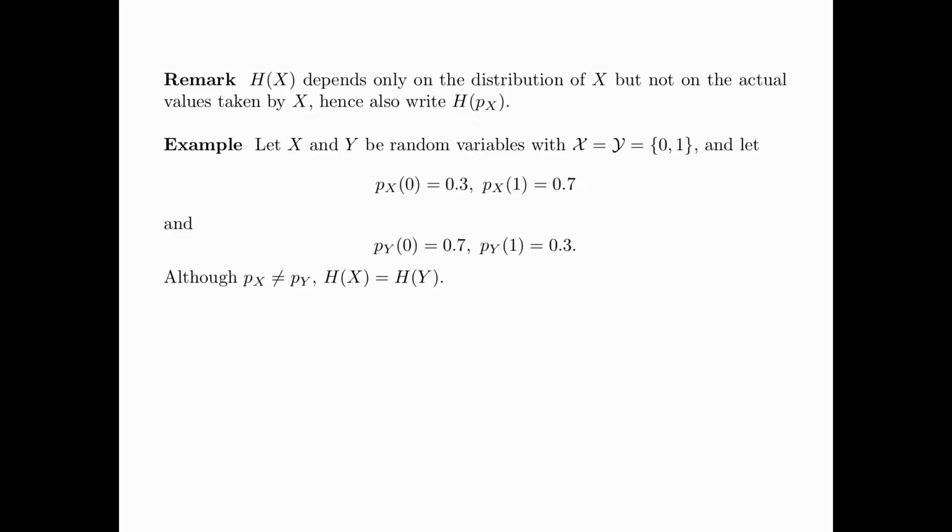Let X and Y be random variables with both alphabets equal to {0, 1}, and we let p_X(0) = 0.3, p_X(1) = 0.7, and p_Y(0) = 0.7, and p_Y(1) = 0.3. Obviously, the random variables X and Y have different probability distributions, but they have exactly the same entropy.